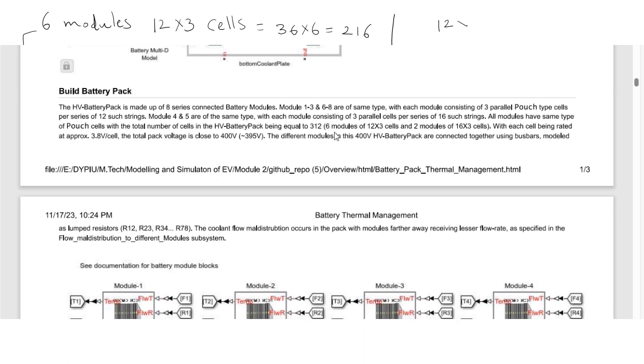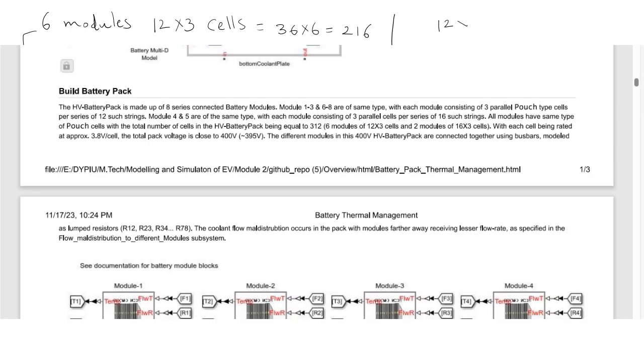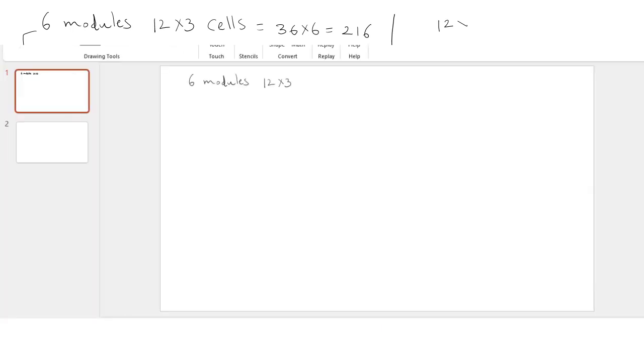So 6 modules, right? 6 modules of 12 into 3 cells, and 16 into 3 cells.